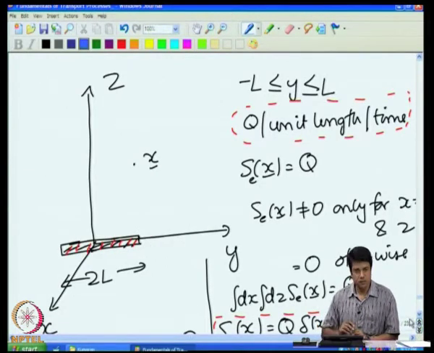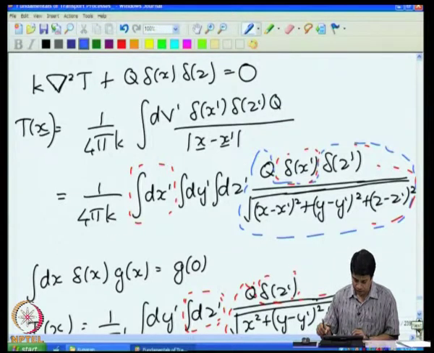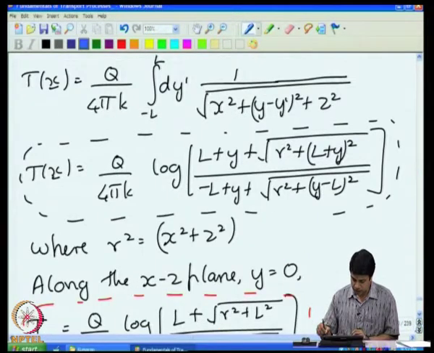And using this, I had solved for you the temperature field due to a wire along the x axis, and we had explicitly calculated the temperature field by carrying out the integral, as you can see in the black outlined box.